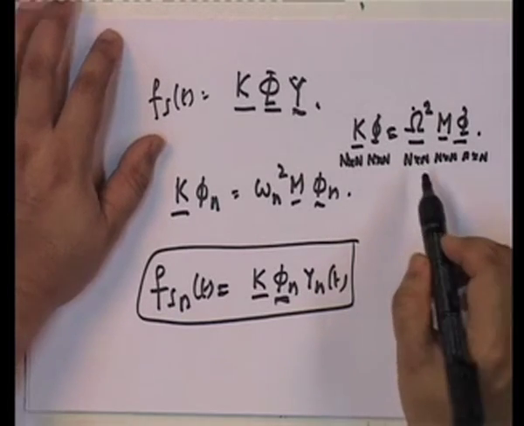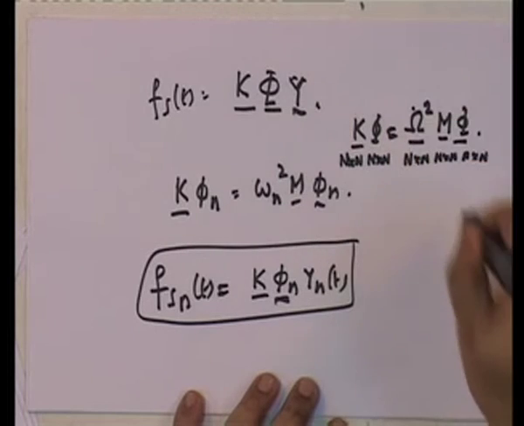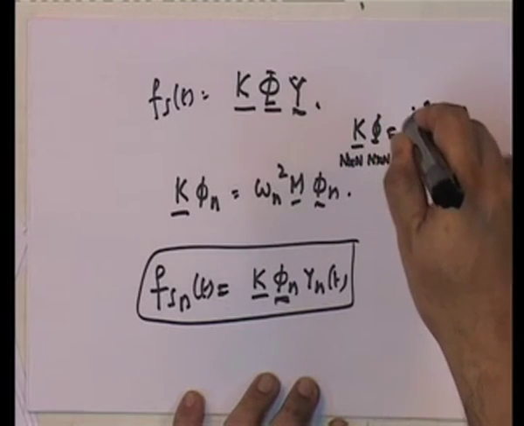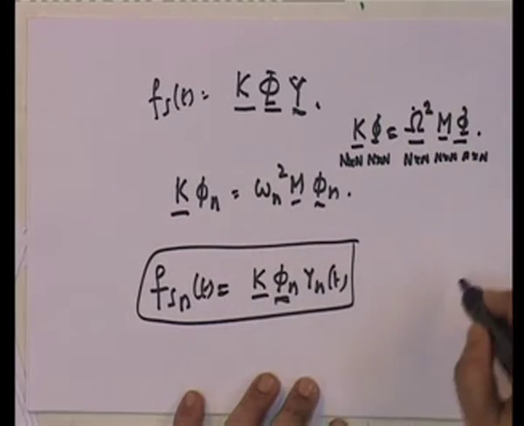This is nothing but a diagonal matrix with omega 1 squared, omega 2 squared, omega 3 squared.